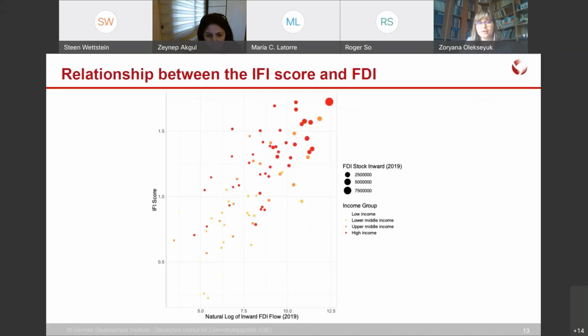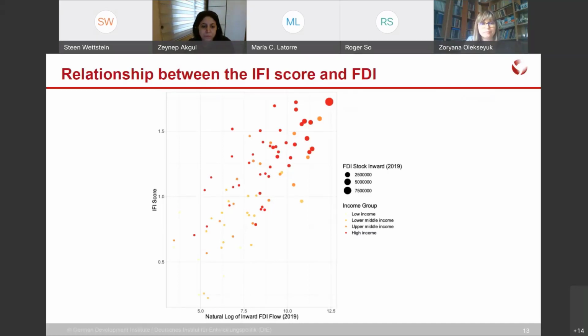They are yellow and orange, saying that those countries that are actually in need of investment have also low investment facilitation index scores and need improvements to be able to promote FDI.